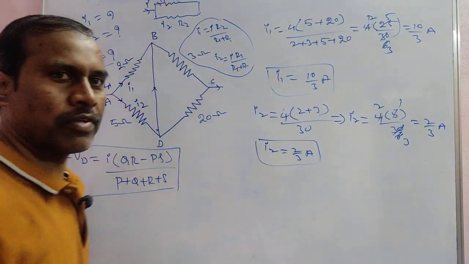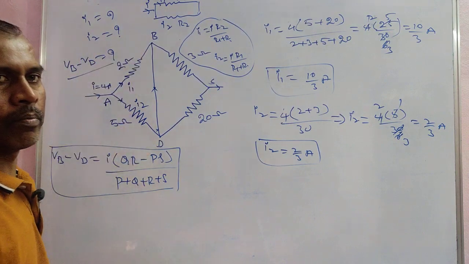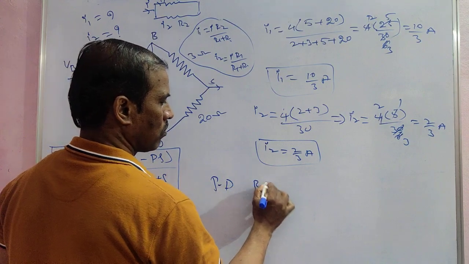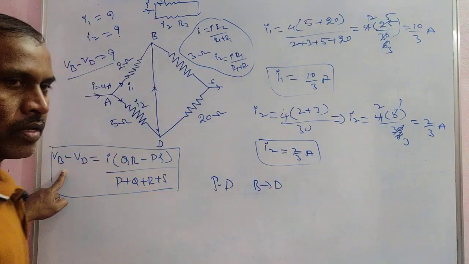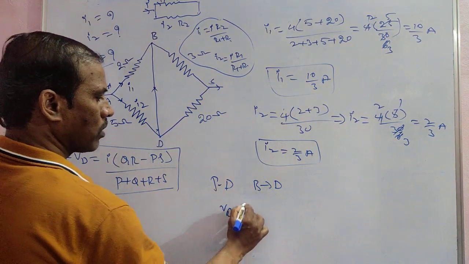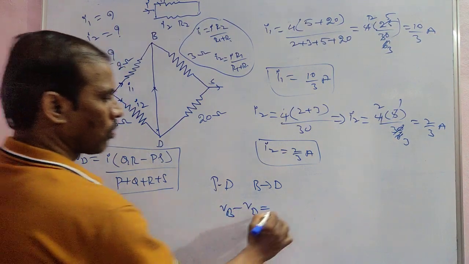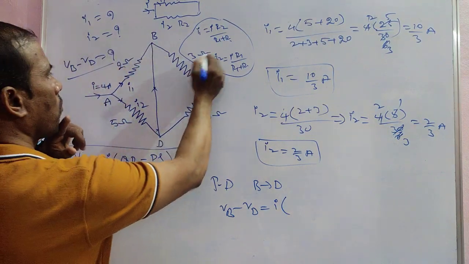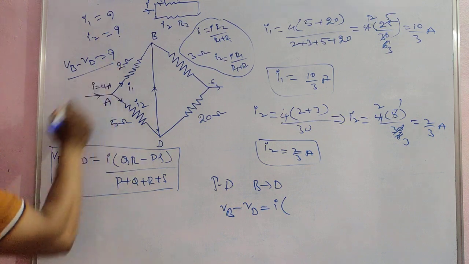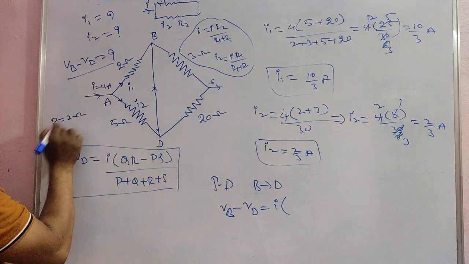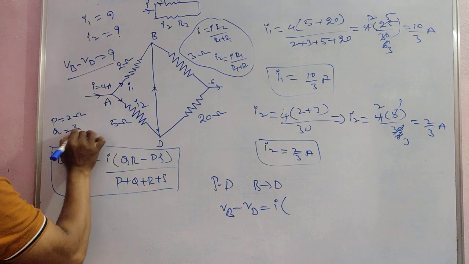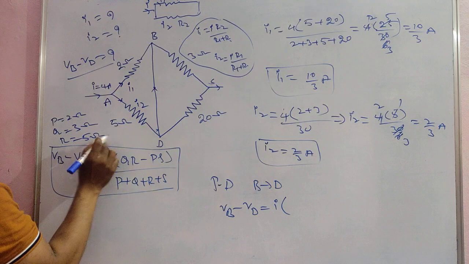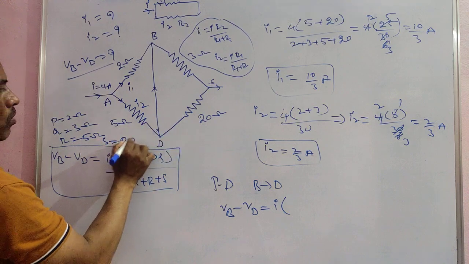Next, the potential difference between B and D. Now this formula: VB minus VD is equal to total current into QR minus PS by total resistance P plus Q plus R plus S. Here P is equal to 2 ohm, Q is equal to 3 ohm, R is equal to 5 ohm, and S is equal to 20 ohm.